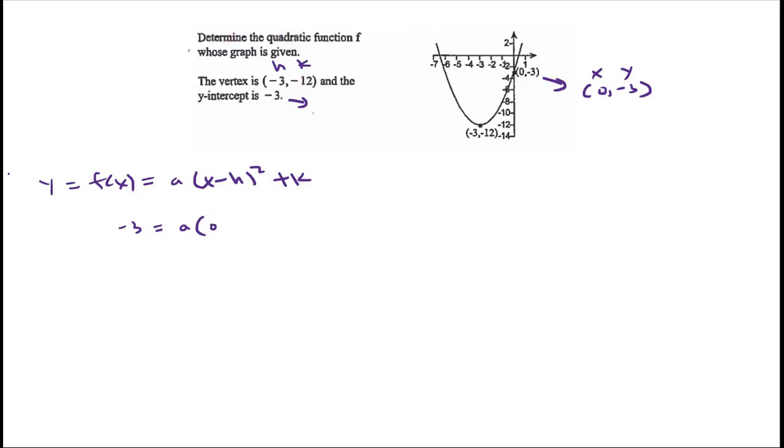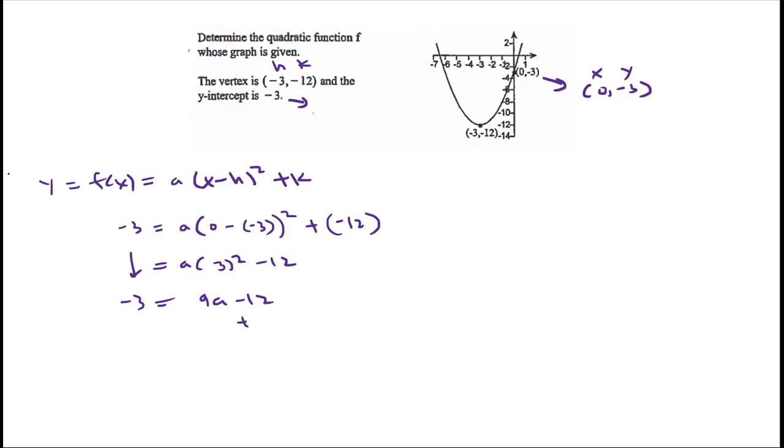We have to be careful because we already have a minus there, so it's a minus and then another -3, squared. And then we have k, which is -12. Then we simplify. This is going to be a plus 3, so 3 squared is 9. That gives me 9a minus 12. And then y is negative 3, so I bring that down.